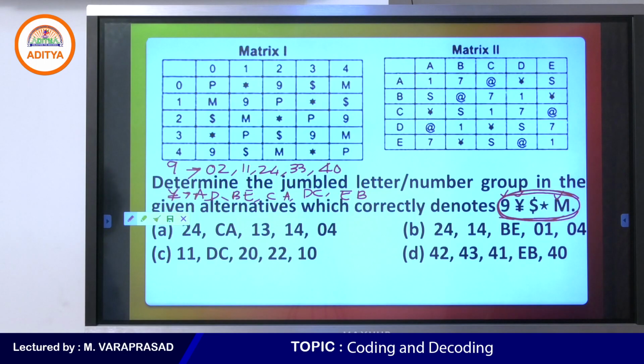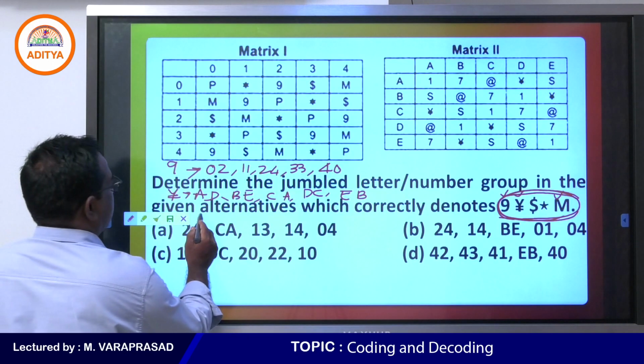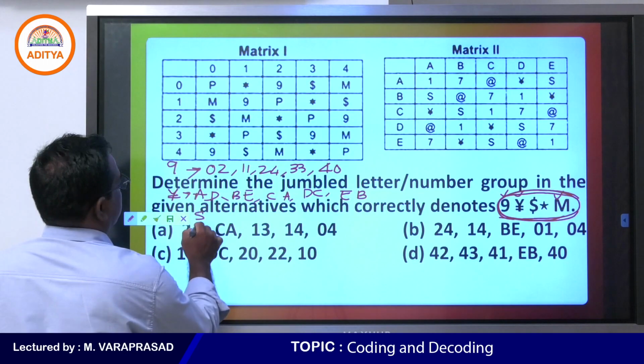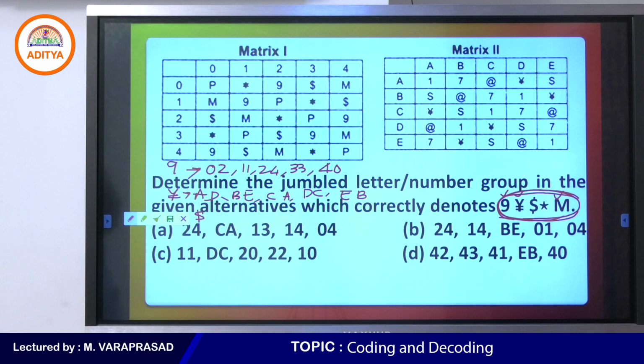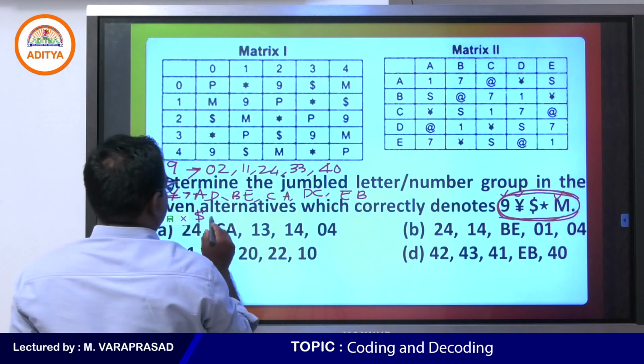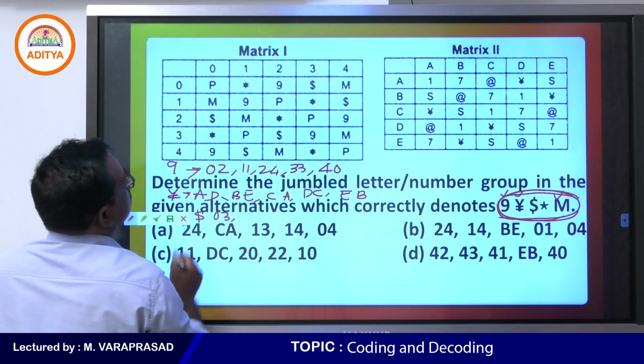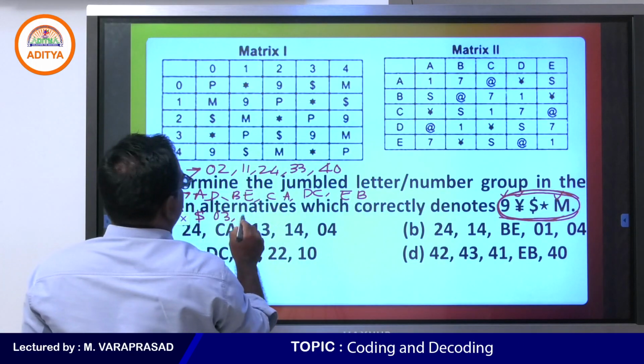If you want you can write the third one also. Third one is this symbol. In how many ways can you write it? The first one is 0, 3. Second one 1, 4.